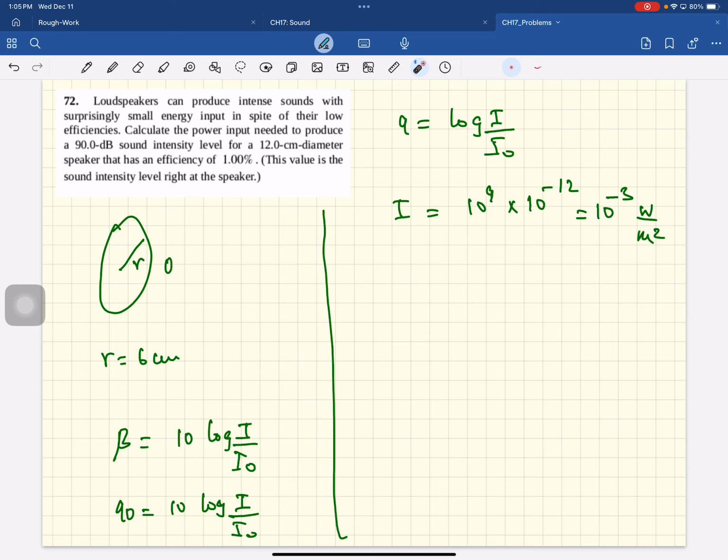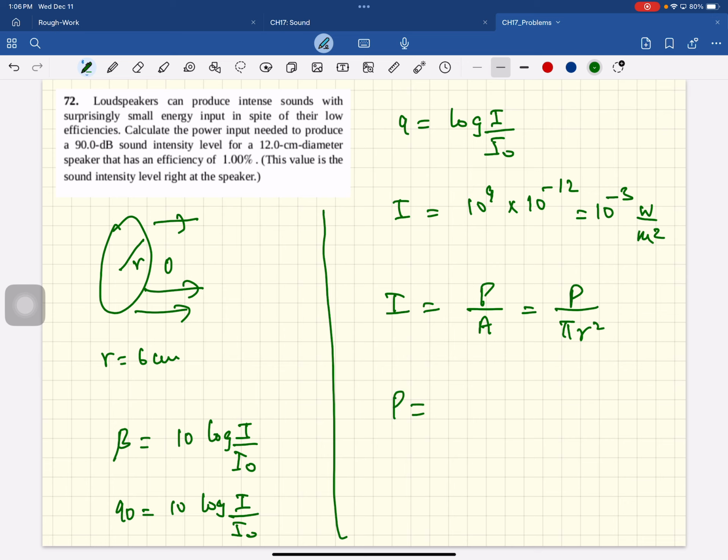Okay, so what you're going to do is find out how much electricity, what is the wattage of the speaker. So what is the power of the speaker? The sound intensity is power of the speaker divided by the area. And the area, it's a circular speaker, so pi r square.